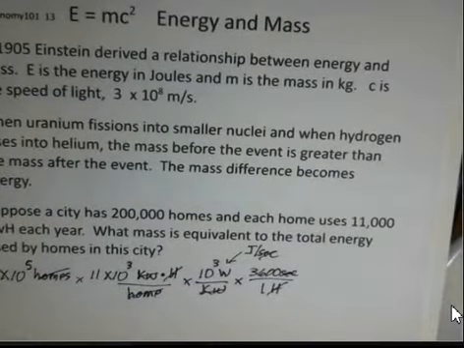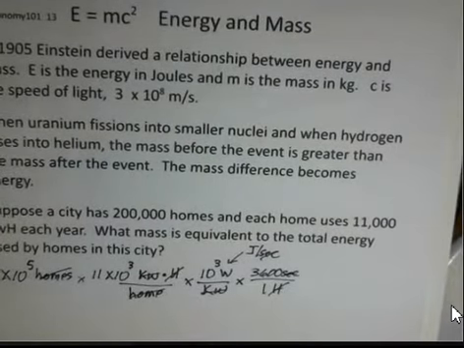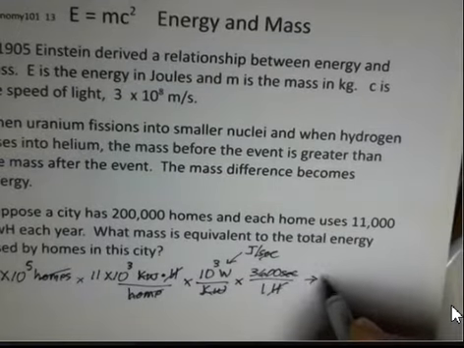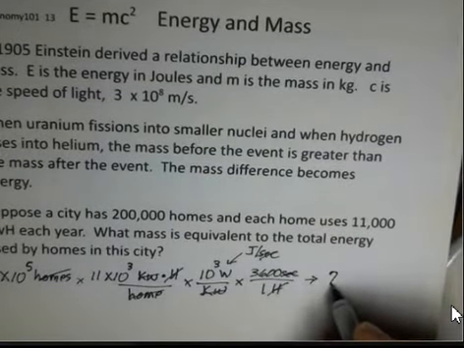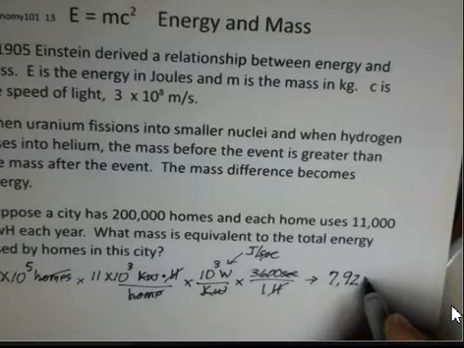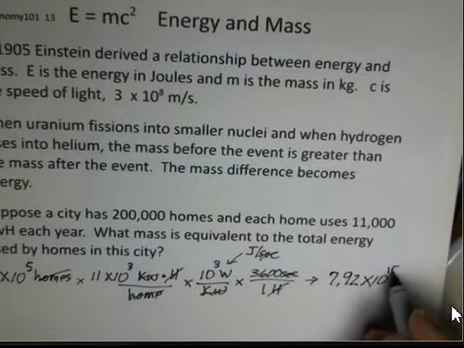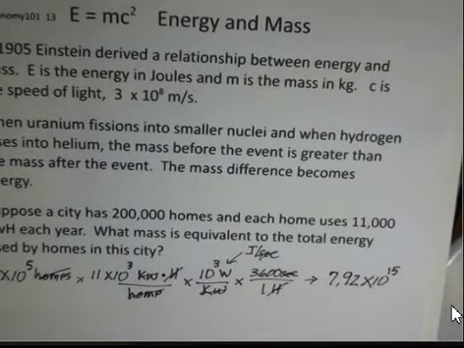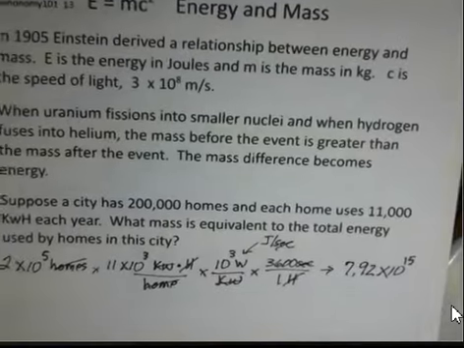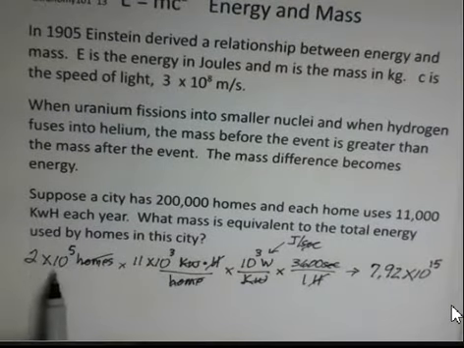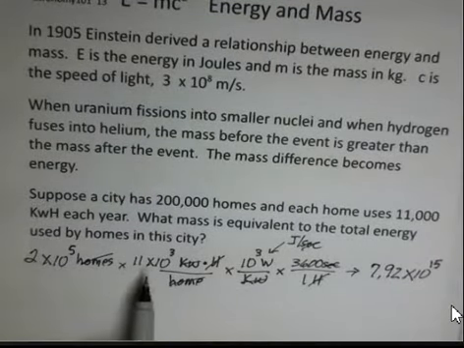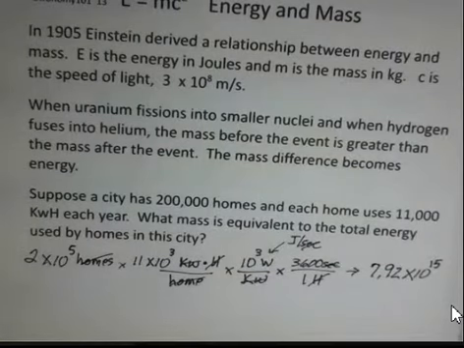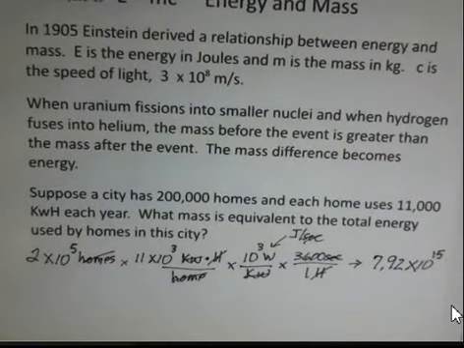And you should repeat this calculation on your own calculator. Make sure I did it correctly. I came up with 7.92 times 10 to the 15th, and probably should round it to 8 times 10 to the 15th, since it's a hypothetical round number of homes in the city, and a hypothetical average energy used for a year.